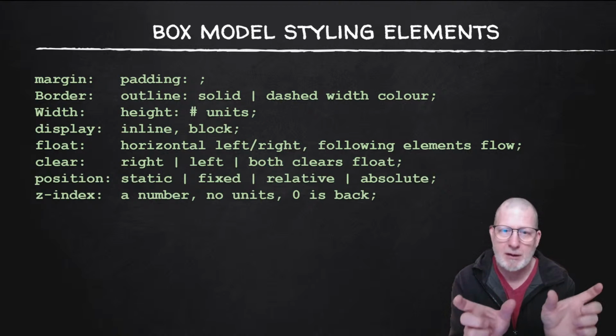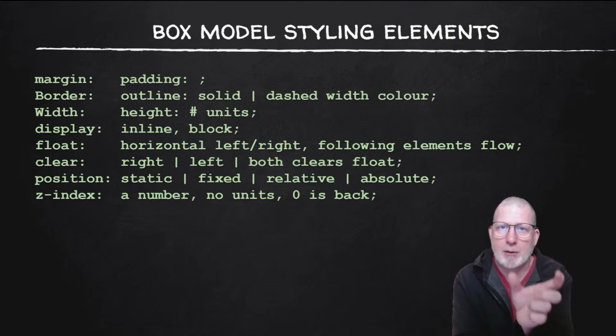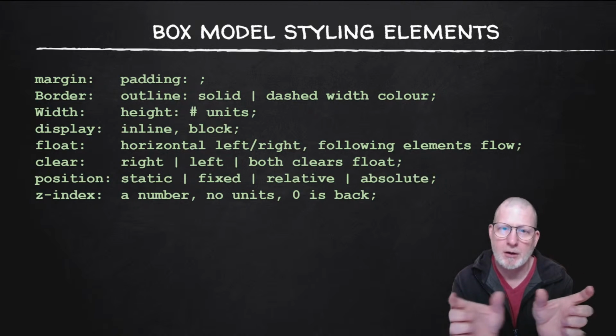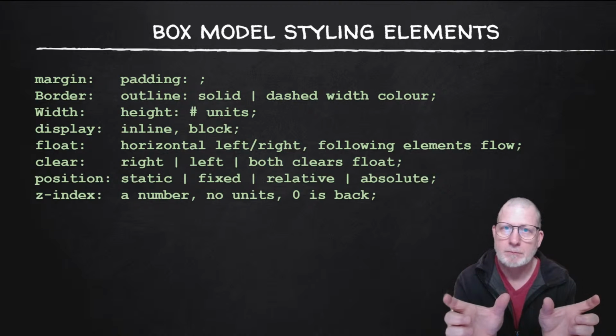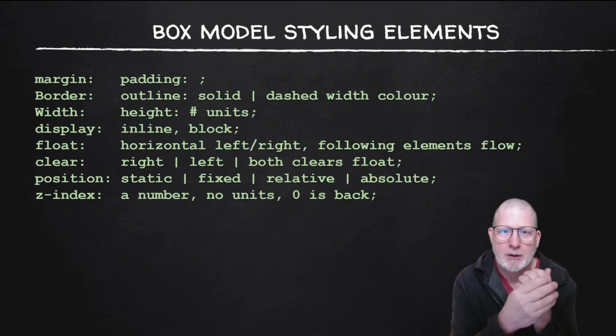So if you make 2 divs 50% width, and then you add a margin on one of them, they won't fit on the same level. One will flop down below. Because the one with the margin on it, on the outside, will make it bigger than 50%. I'll demonstrate that.